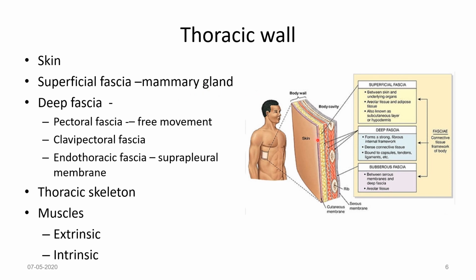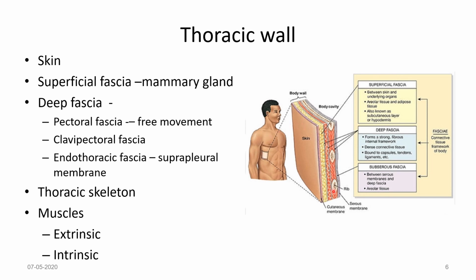The next is the deep fascia, which forms a strong fibrous network and encloses the muscles in this region. In the pectoral region, the deep fascia is called the pectoral fascia, and there is what is known as the clavipectoral fascia towards the clavicle.